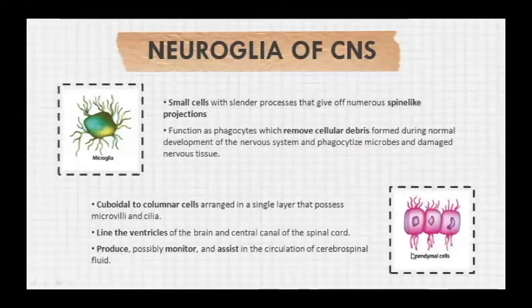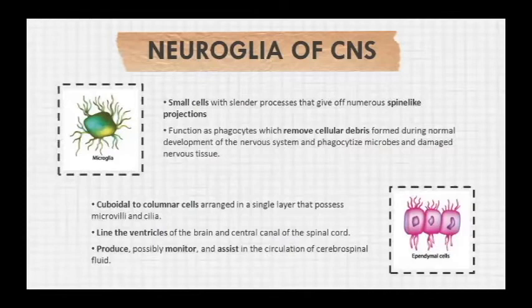Then we have the last type of neuroglia or glial cells in the central nervous system, which are called ependymal cells. These ependymal cells could vary from cuboidal to columnar cells, which are arranged in a single layer that possesses microvilli and cilia. If you could recall, microvilli and cilia are parts of the cell which help in the motor function of the cell itself.